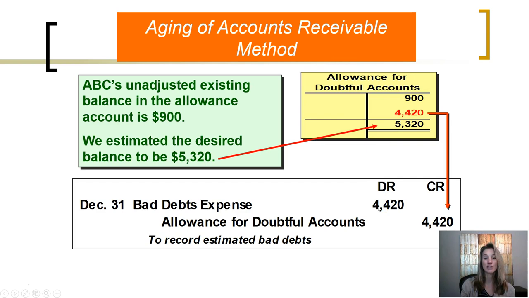Again, the journal entry is a debit to bad debt expense, credit to the allowance for doubtful accounts. That journal entry was the same regardless of whether we calculated the bad debt expense amount by the percent of sales method, the accounts receivable method, or the aging of accounts receivable method.